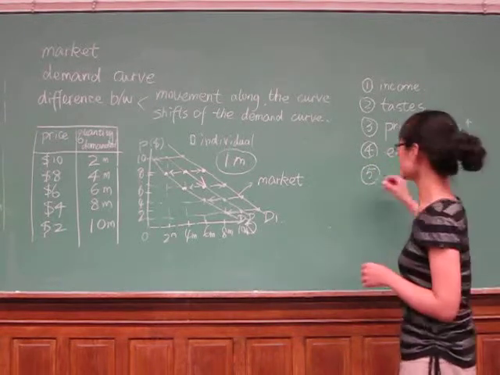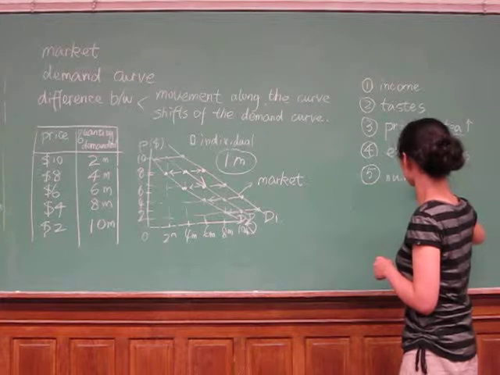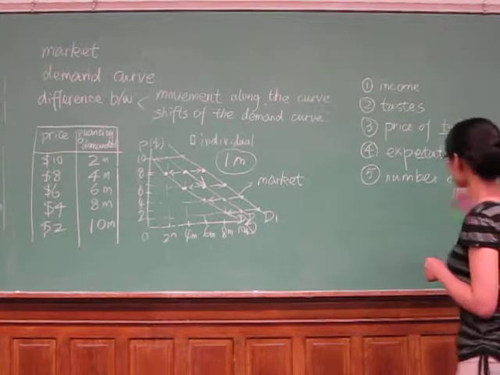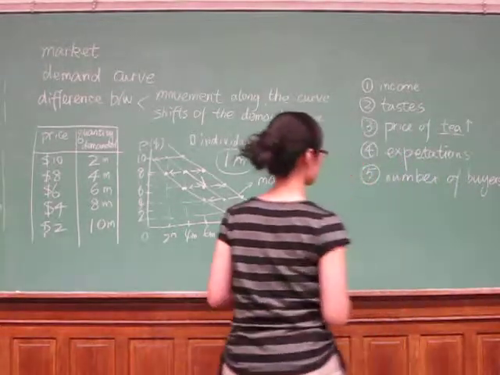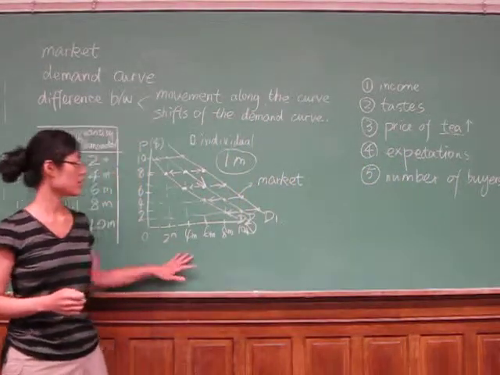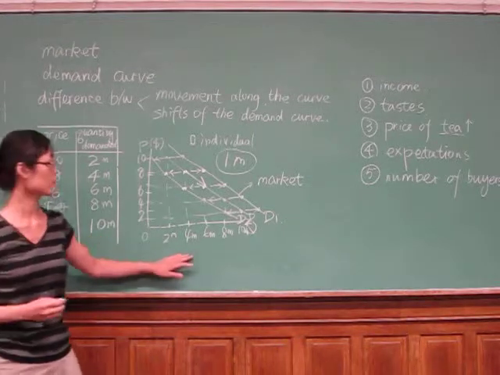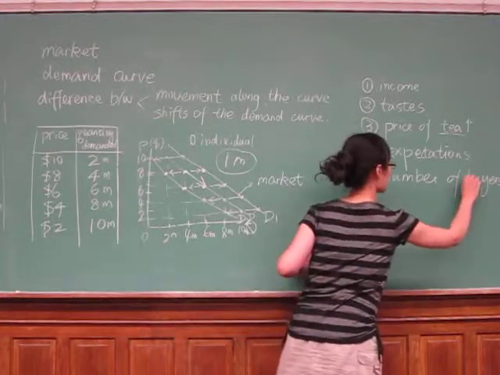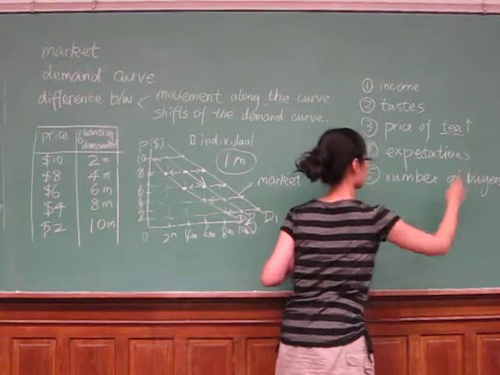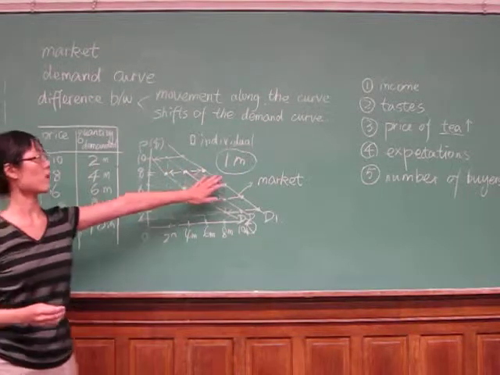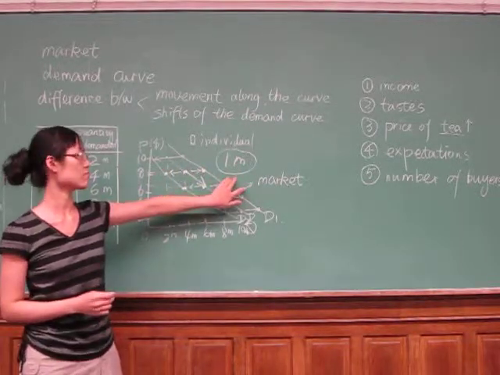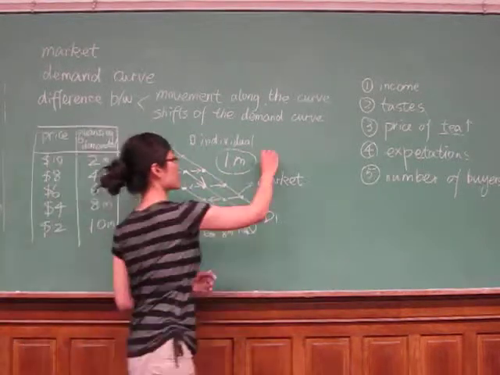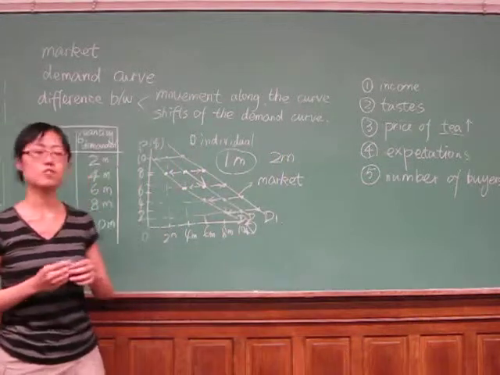The fifth one, number of buyers. For example, we have 1 million buyers in the market, and in 10 years the number of coffee drinkers increases to 2 million.